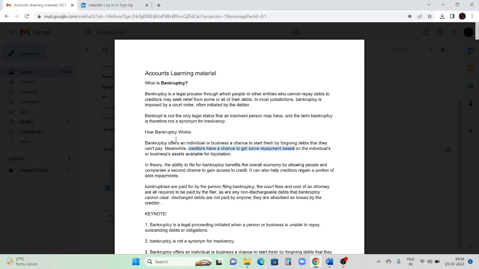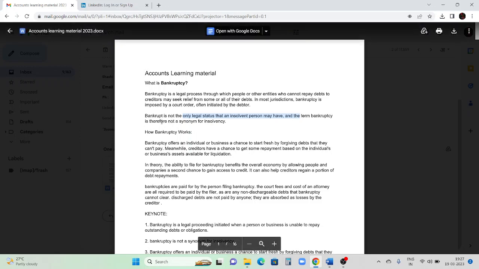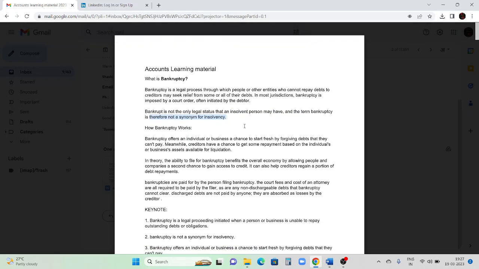It is a legal process through which people or other entities or a company who cannot repay their debts to creditors may seek relief from some or all of their debts. It is not the only legal status that an insolvent person may have, and the term is therefore not a synonym for insolvency.